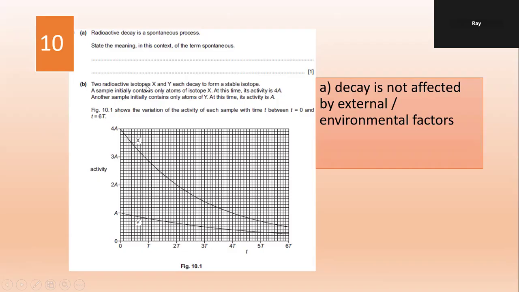Two radioisotopes, X and Y, each decay to form a stable isotope.